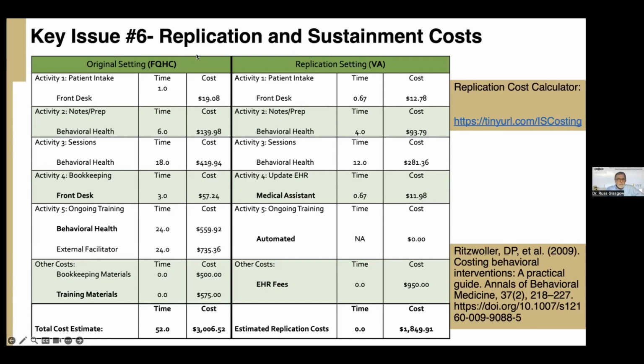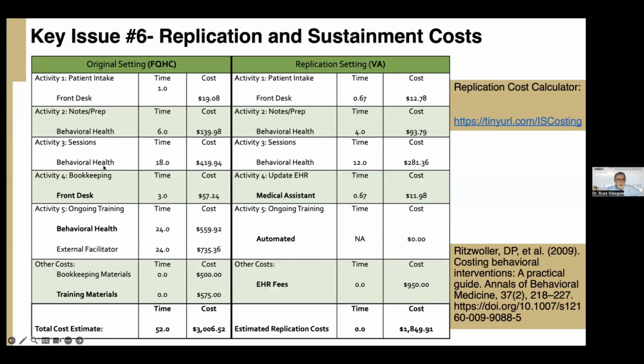A quick example here is, let's say you did an original study in a community health center, an FQHC here. You do this with a particular set of staffing and resources that are available. And then let's say some other setting, just for example, VA, wants to use this with a different set of resources. And in particular, in this example, they may have a much more sophisticated electronic health record that they use for a number of activities.